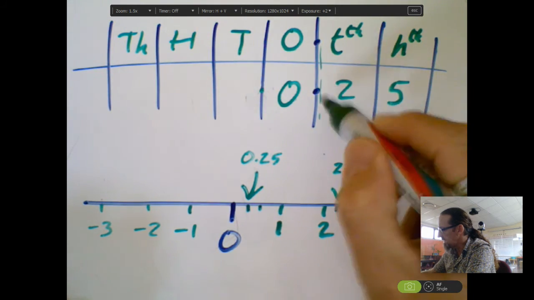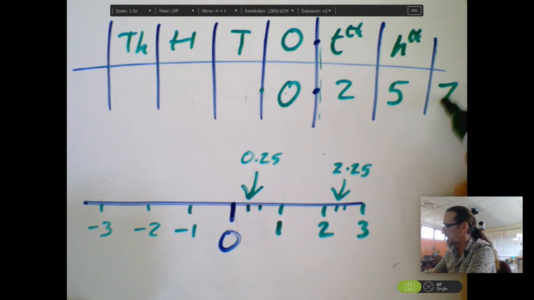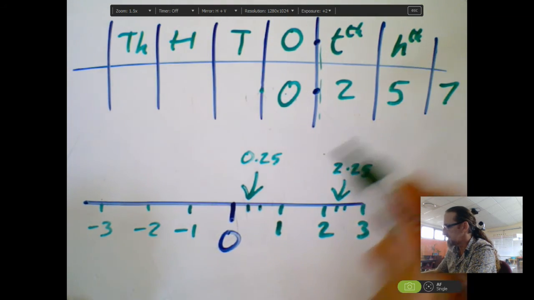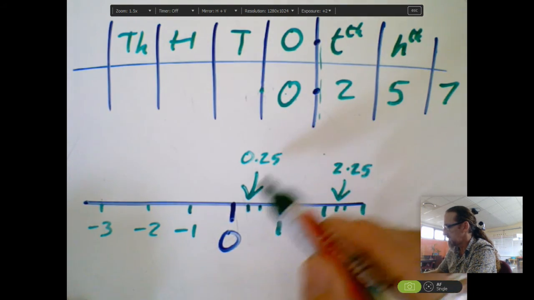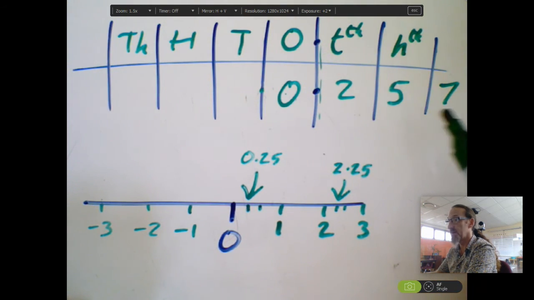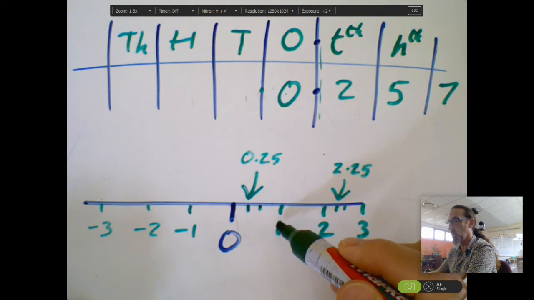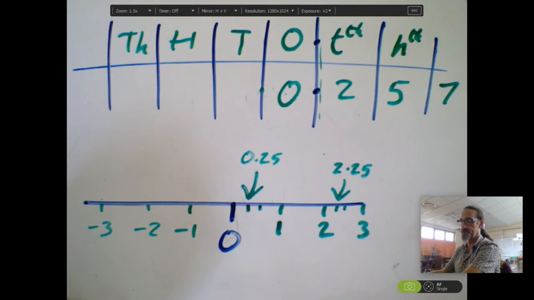Any number in here, if I've got a 0 here, any number that I put in here, no matter how long it is, it will exist somewhere between 0 and 1. So 0.257 would exist somewhere between 0 and 1 on this line. It's a positive number.